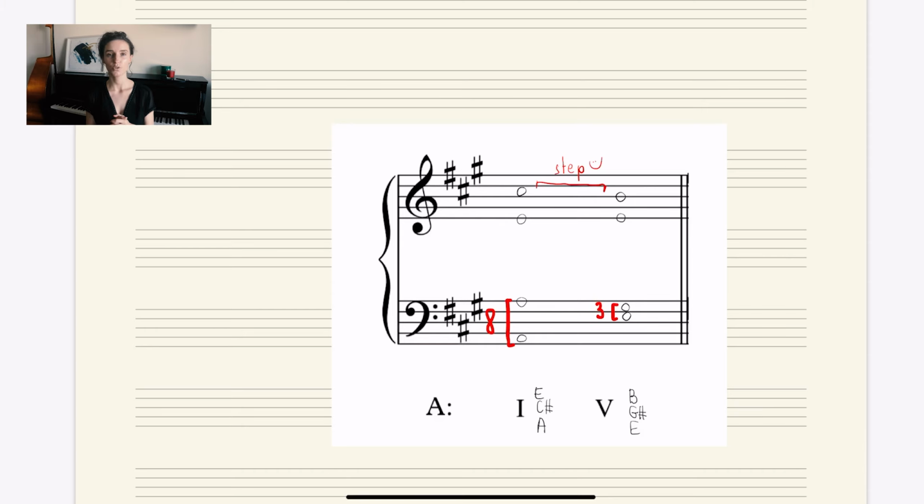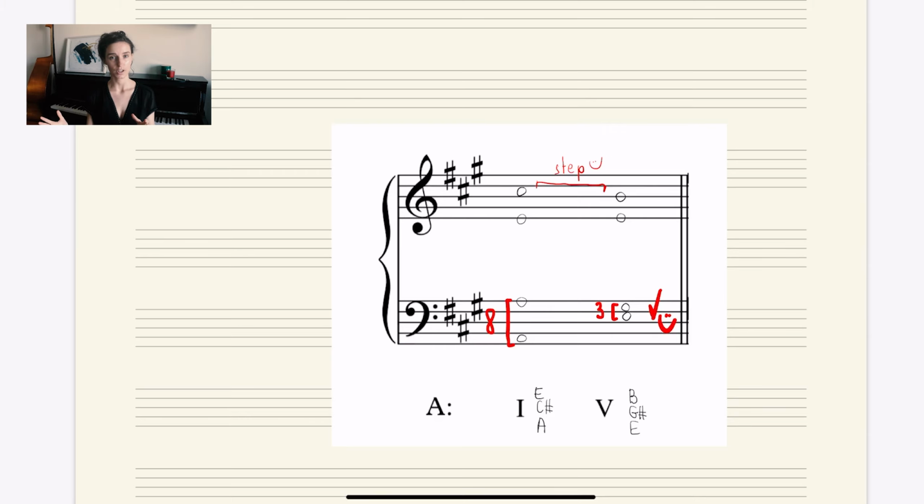Remember that you can move as much as you want in parallel thirds, parallel sixths, and parallel fourths in the upper voices. But parallel octaves and parallel fifths are illegal, so it's important that you take an extra moment to look out for them.